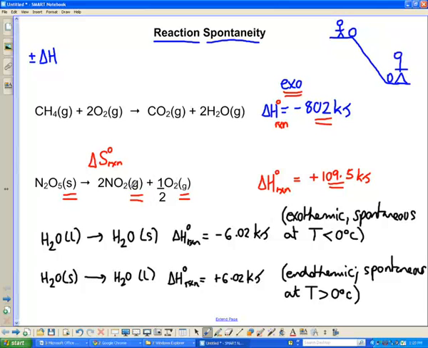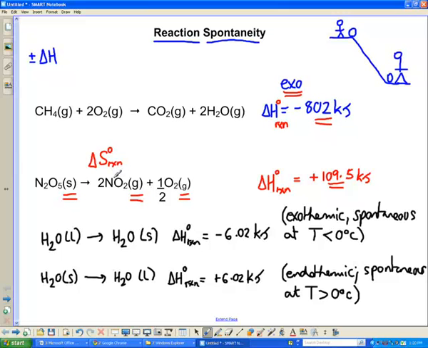In this case, we can look at it in terms of moles of gas to estimate. So 3 moles of gas on the reactant side, 2.5 moles of gas on the product side, 0 moles of gas. So we have a positive entropy change. When your entropy change is positive, that means it's more likely to be spontaneous. It doesn't mean it is, it just means it's more likely to be than if you have a negative entropy change.